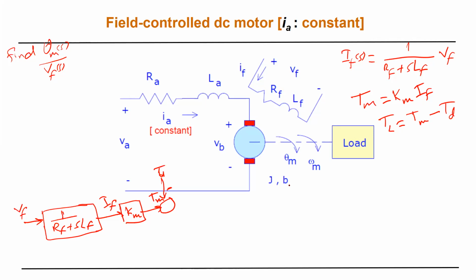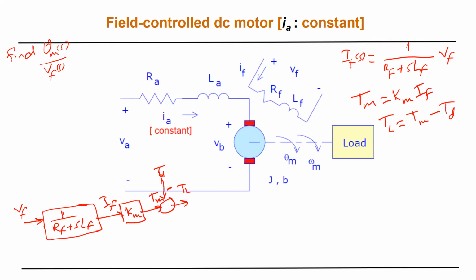The friction comes here, and the constant for friction is B. And this is TL. So Td is caused by something which is outside of the system. Exactly. Most of the time we consider it to be 0. But if it's not 0, just model it. Just add it, or subtract it.